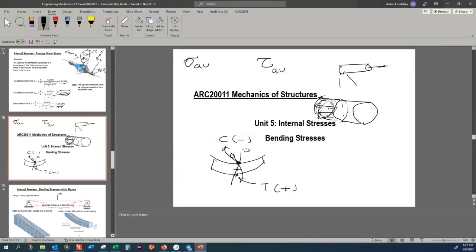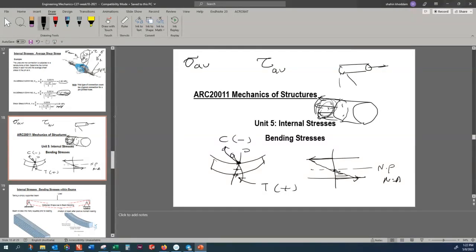So that is a distribution. I mean, that is my beam cross section. So the negative value is something like this stress, and the positive here is like that. So somewhere in the middle, that is the neutral plane or neutral axis. So here stress is zero. And if that changes linearly, it goes like that.